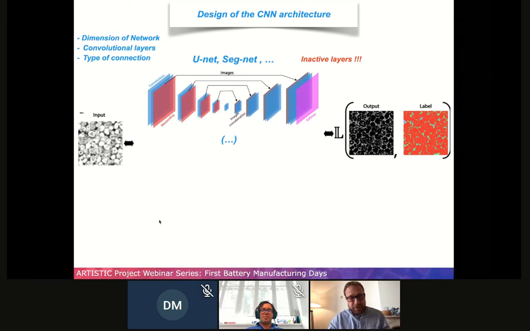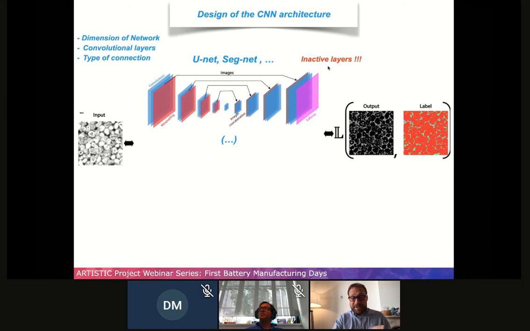There is different convolution layers. There is different type of connection between the layers. And all this is not specifically dedicated for your task. So that's why when you try to use a basic architecture, the consequence is you have a huge amount of layers which are not activated.